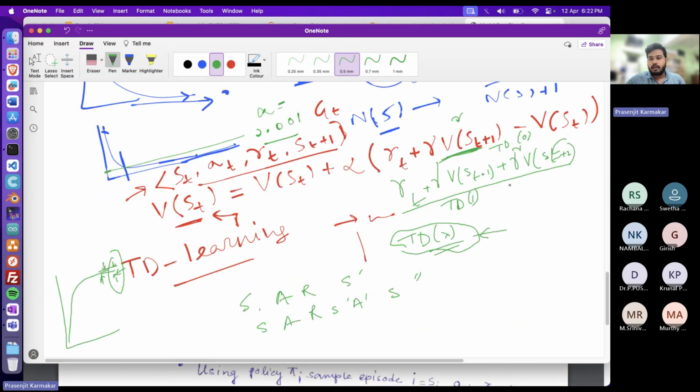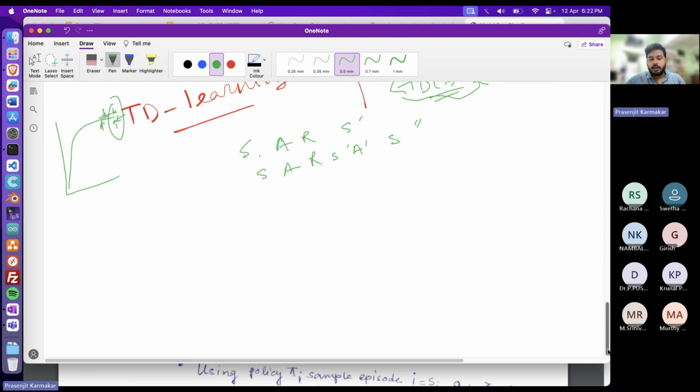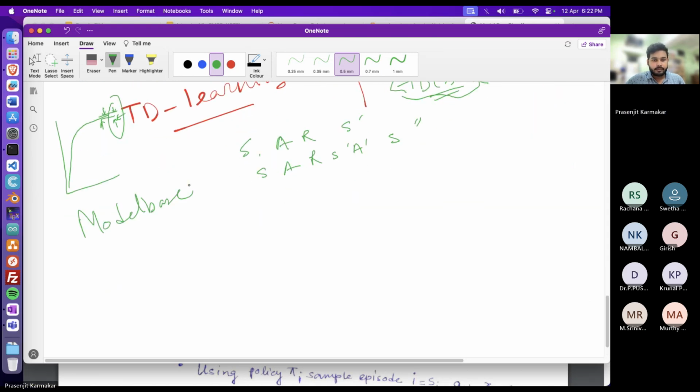So in model-based methods, because we know the P and R, the probability transition dynamics and the reward dynamics, we have the Q function.